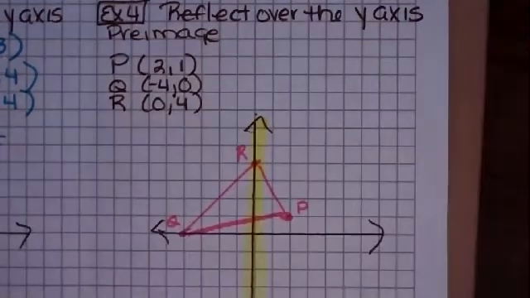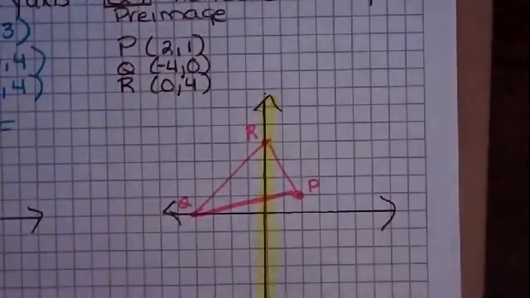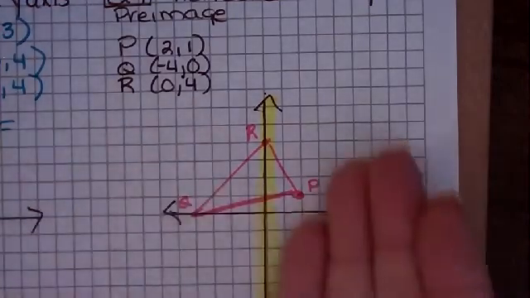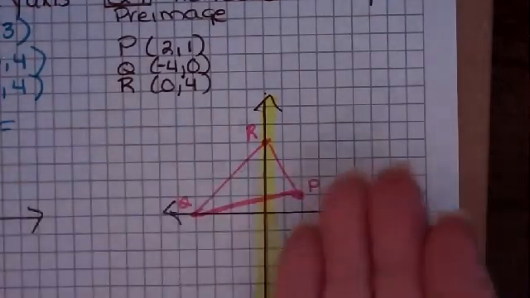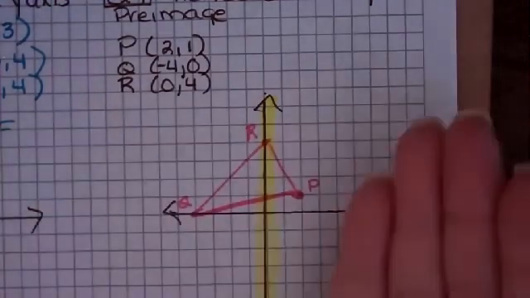Now, this one is a little more challenging because I've got stuff on both sides of my line of symmetry. I've even got a point that is on the line of symmetry, okay? But I know I got to flip from one side to the other, okay? I'm flipping from one side to the other.